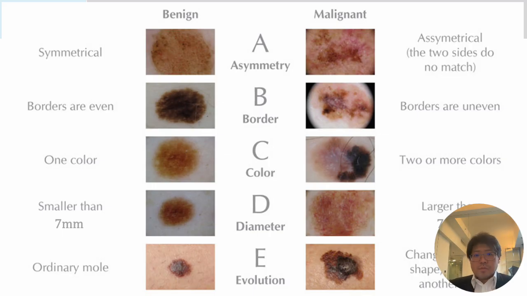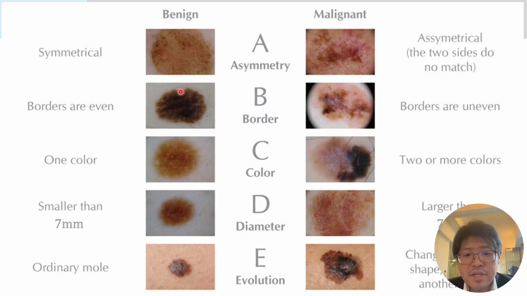So you may have heard of or be familiar with this ABCDE mnemonic to help you to identify melanoma. A is for asymmetry, that means that the growth of the tumor is not symmetrical, which is of course abnormal.